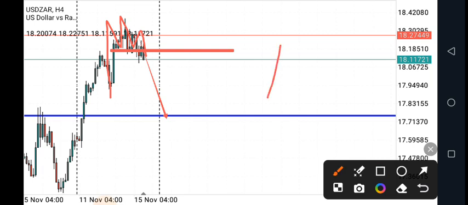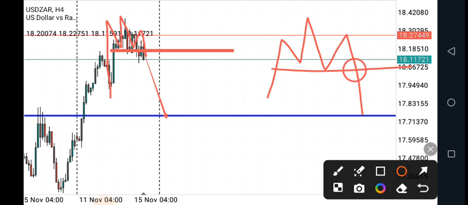And again, whenever we have these, just like when we have double tops and double bottoms, we want to see price moving further down, breaking the neckline, and then again heading up to the neckline to test it out, and where we have the neckline is where we would look for potential sell opportunities, right?